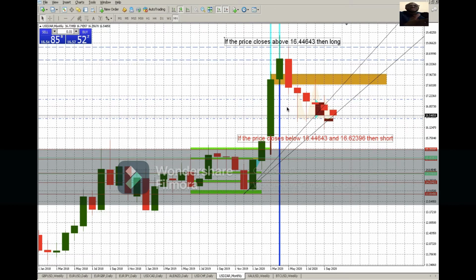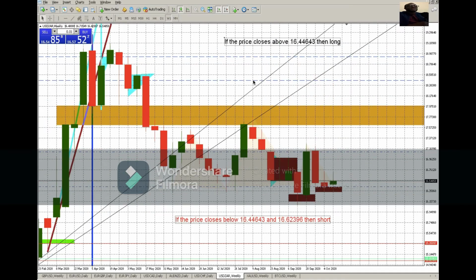So according to the monthly, we can say that the bearish positions are more likely to have a higher probability, right? And also we can see that the price hasn't yet made a higher low to support bullish movements. Then we move on to the weekly charts.